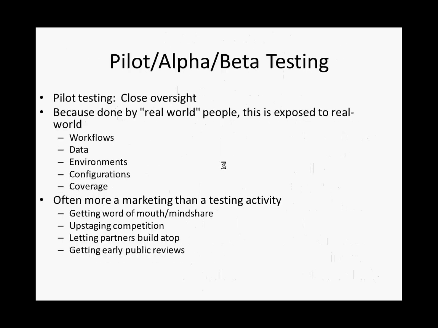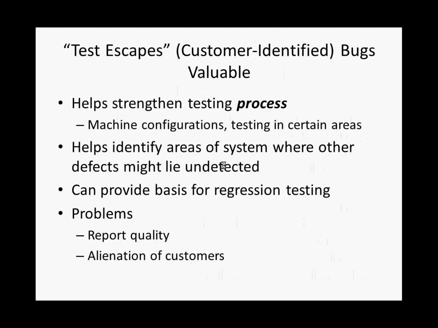Test escapes, customer-identified bugs, are really, really valuable, and you're going to want to use them to strengthen your testing process. If a customer finds a bug, or if you're demoing your systems to the user and the user discovers a bug, you should be asking yourselves, how did this creep through?